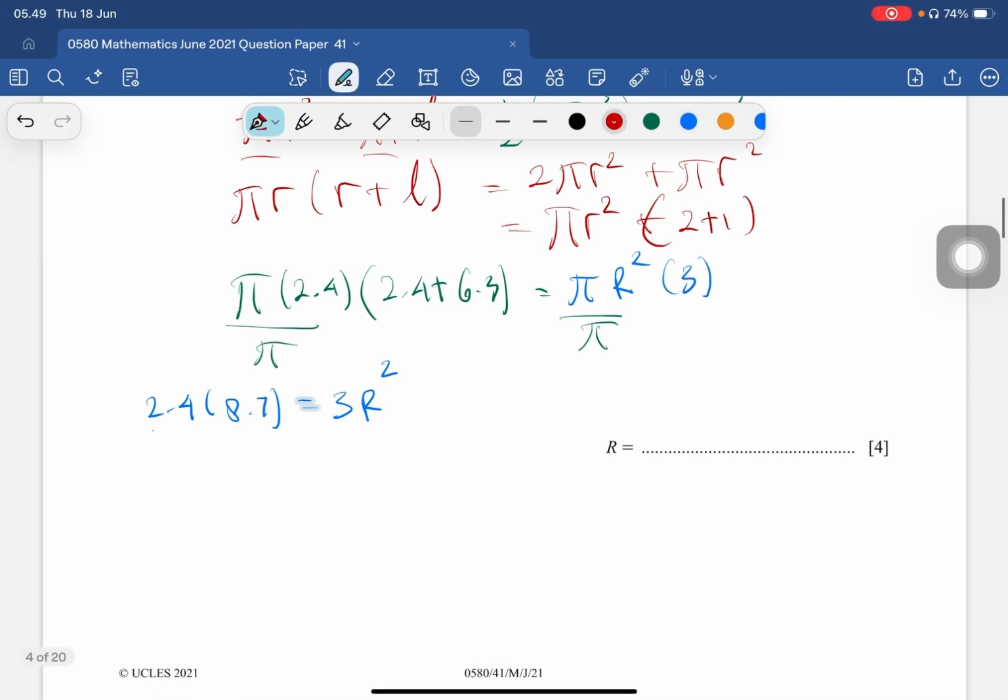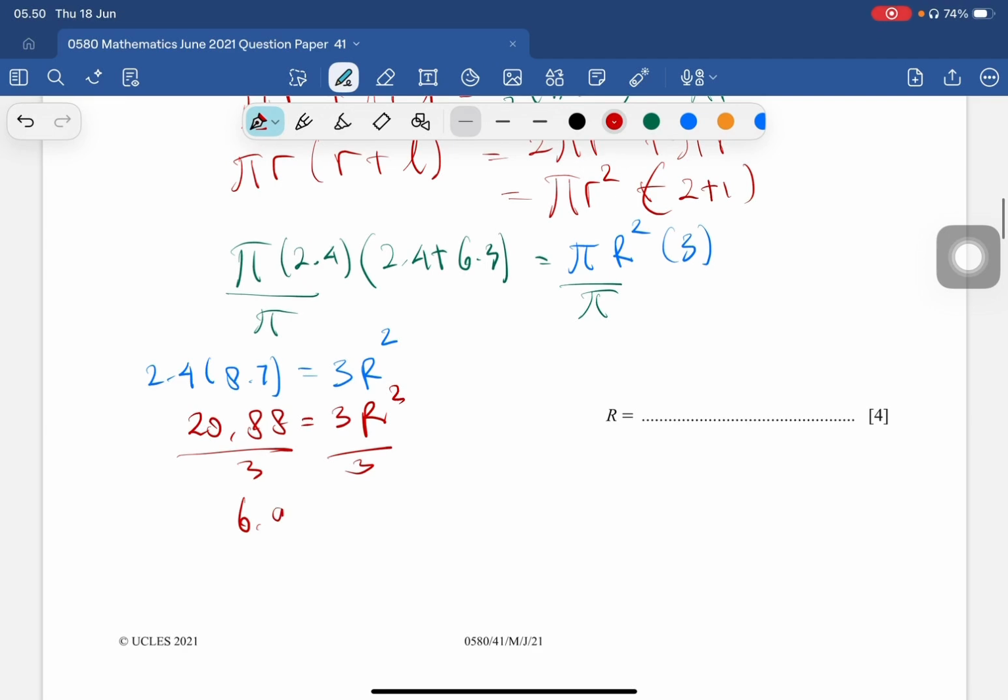Okay, we can multiply 2.4 multiplied by 8.7. So we get 20.88 equal to 3 R squared. We divide by 3 on both sides. So we get 6.96 equal to R squared. So we take the square root. Here is plus or minus the square root of 6.96. So this is 2.64.